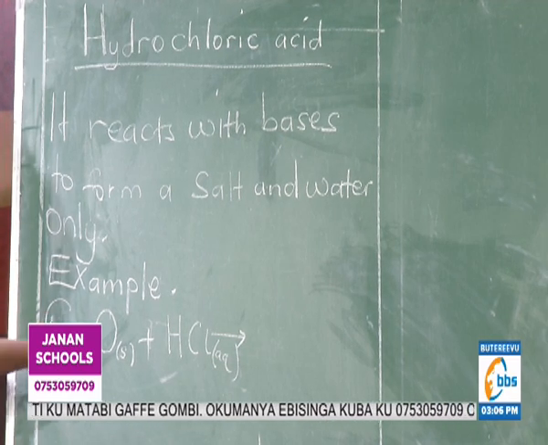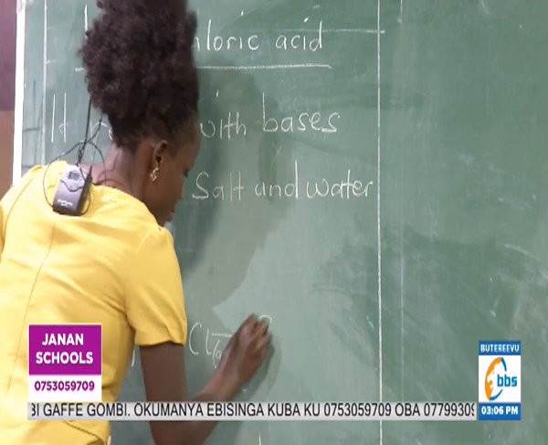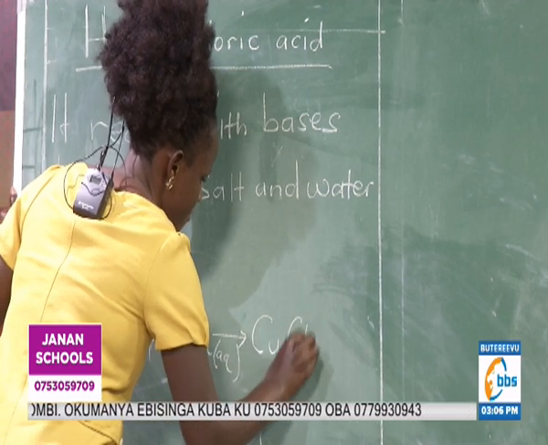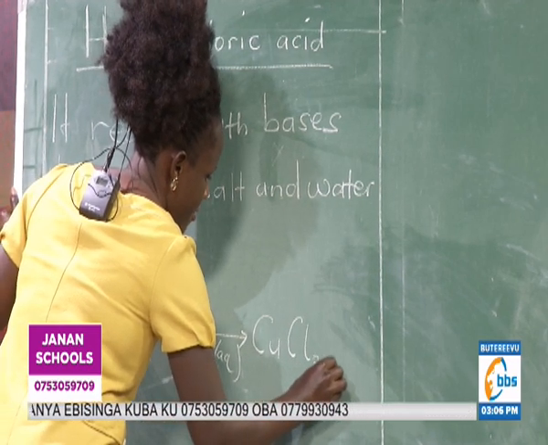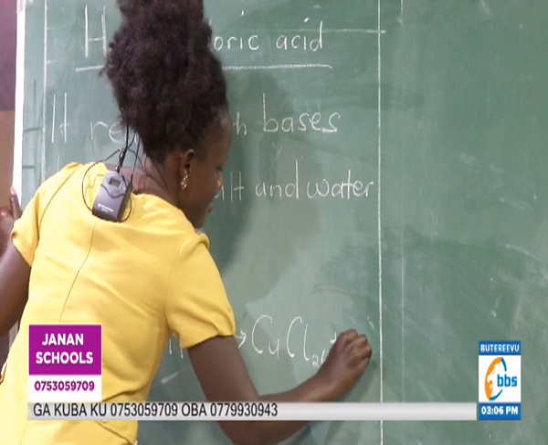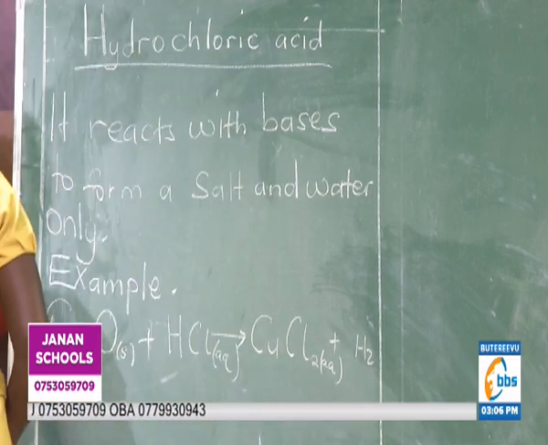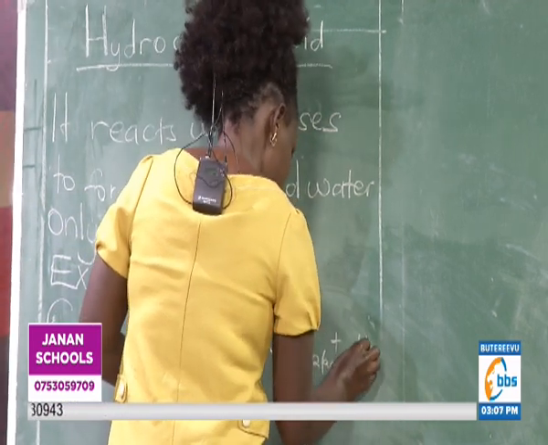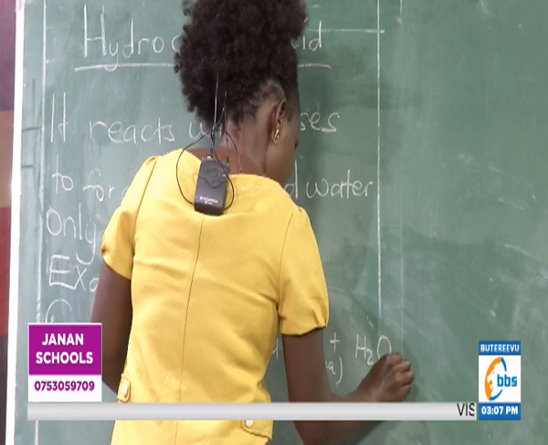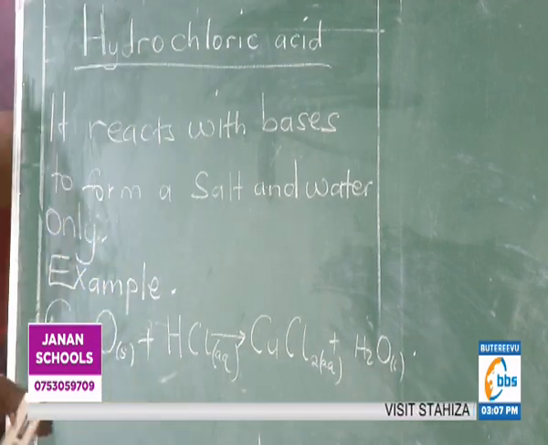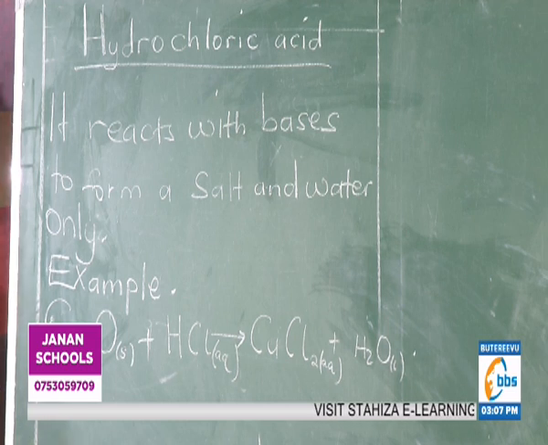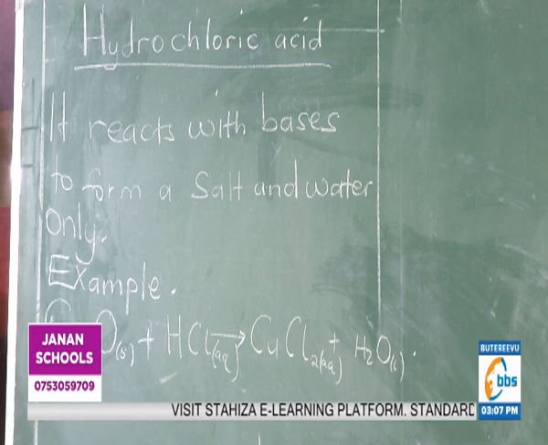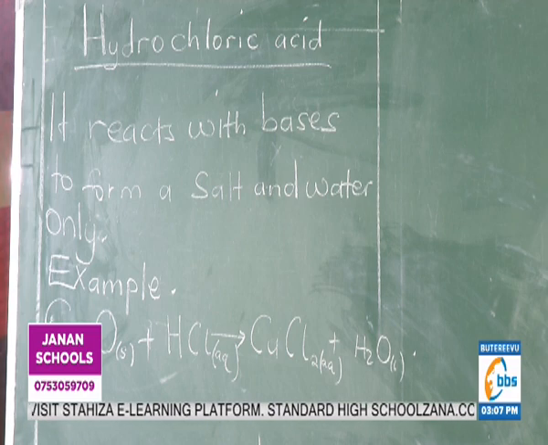I'm supposed to form a salt which is copper 2 chloride, plus water. So that is what I form. And I told you, however neat your chemical formulae or chemical symbols are, without balancing the equation, it would be a wastage of time.